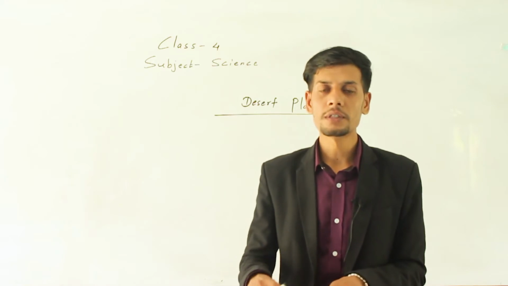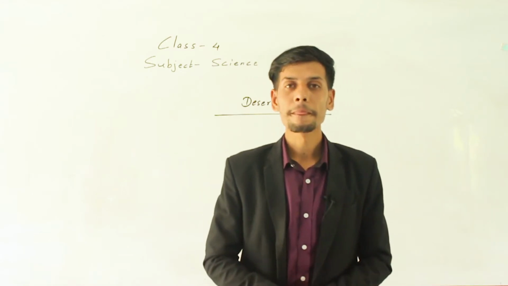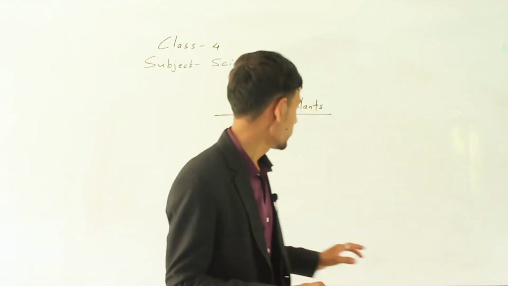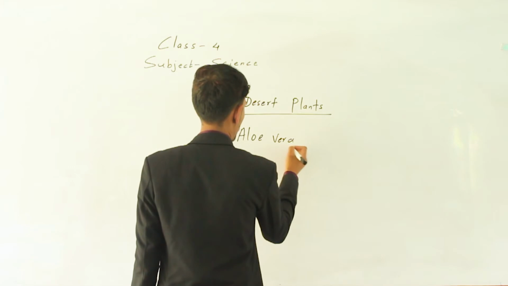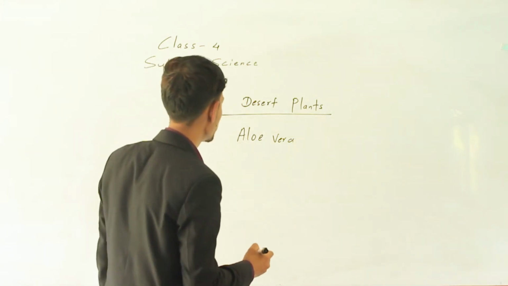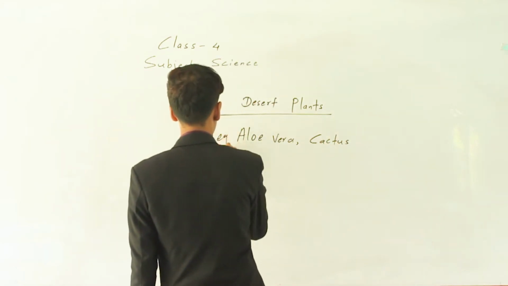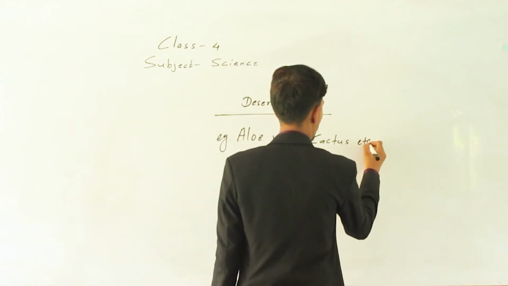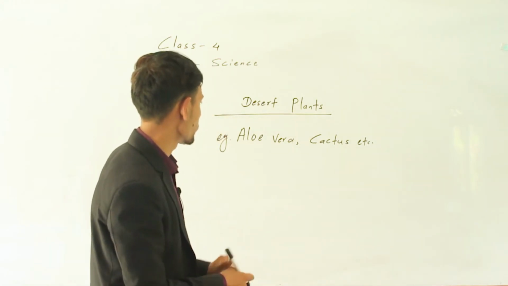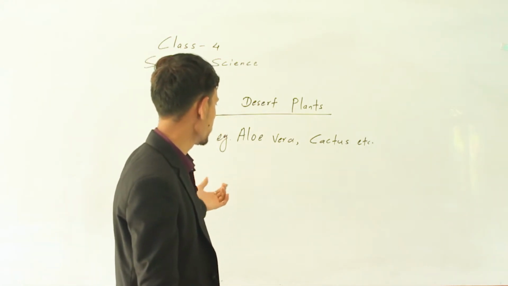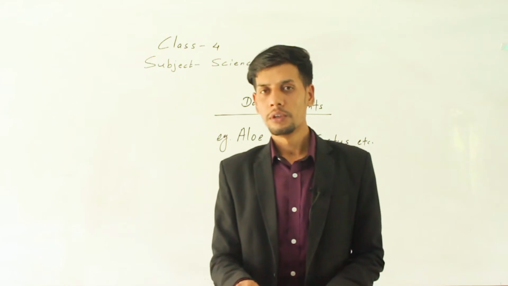So can you give some examples of desert plants? Some examples are aloe vera, and cactus, etc. So in the desert, plants like aloe vera, cactus, etc. are found.